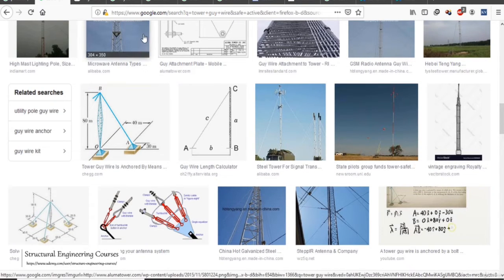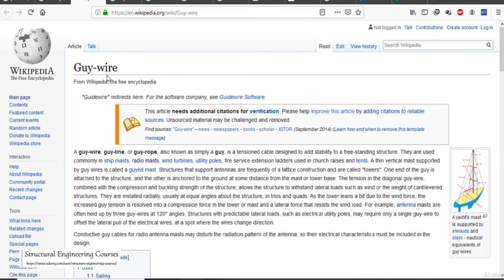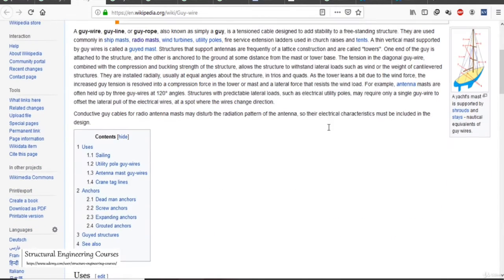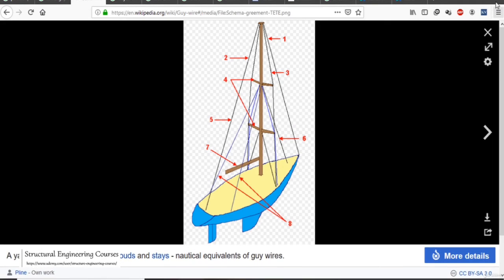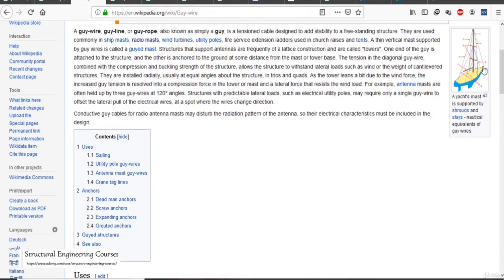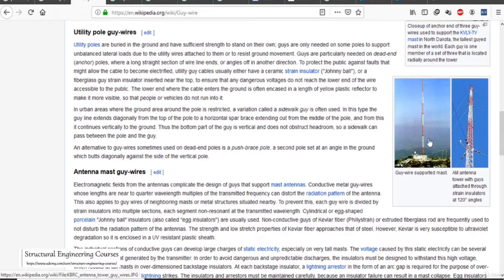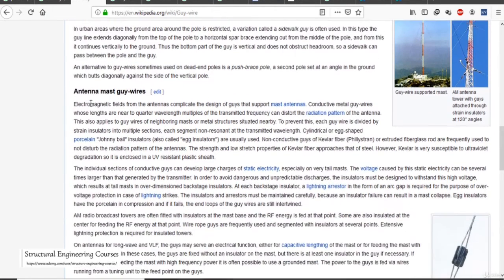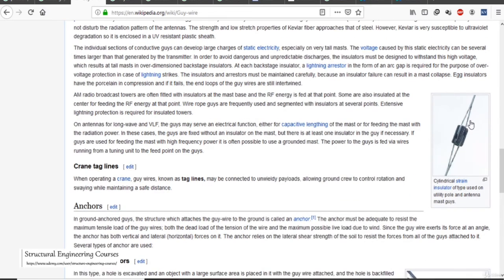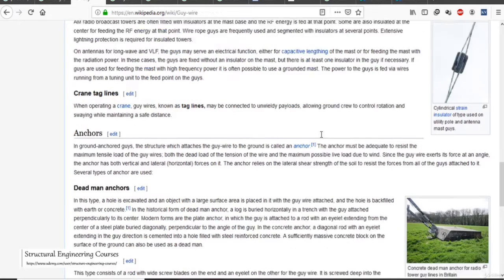To study this, we can go to the Wikipedia page of this guy wire also. There are theoretical considerations there, when we see this type of yachts. You must have seen that in various movies also. This is nothing but a guy wire supported mast or mast tower. These are called antenna mast guy wires. This is the cylindrical strain insulator of the type used in unipole and antenna mast guys.